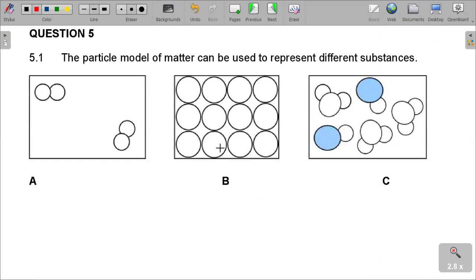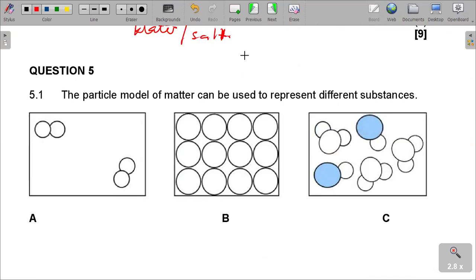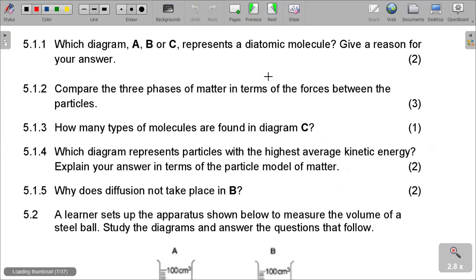And then number 5, the particle model of matter can be used to represent different substances, A, B, C, that we are given there. And then the question wants us to say which diagram A, B, C represents a diatomic molecule. Give a reason for your answer.